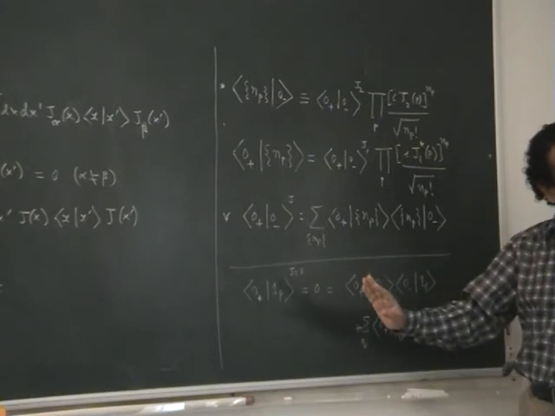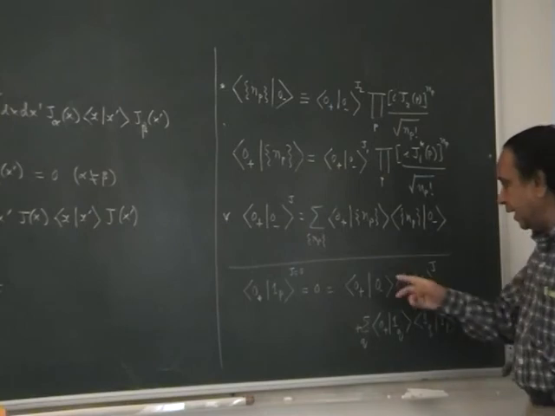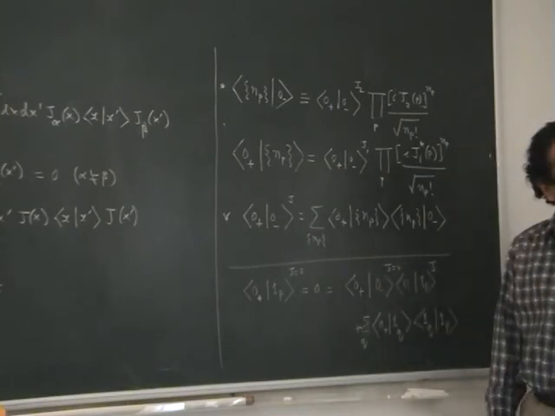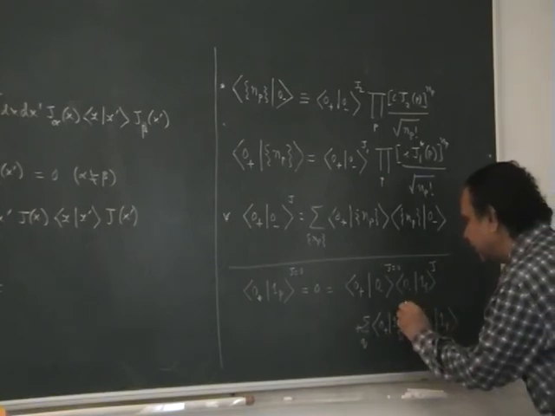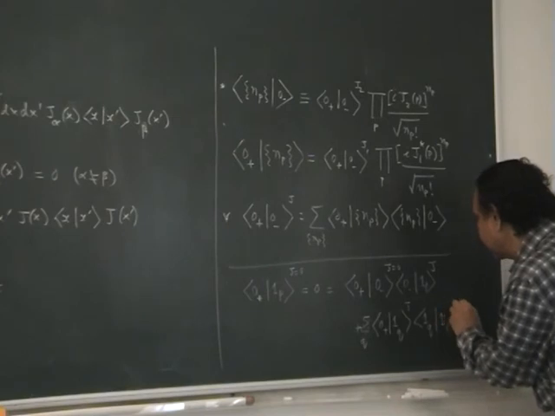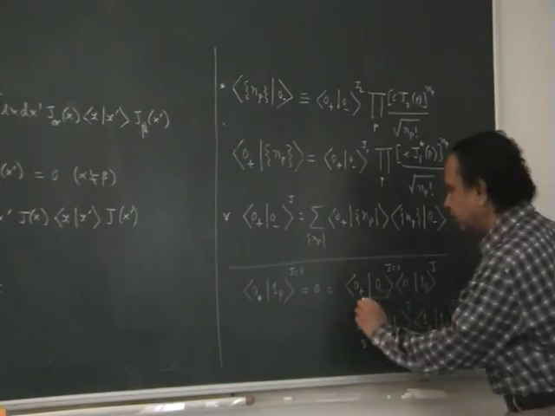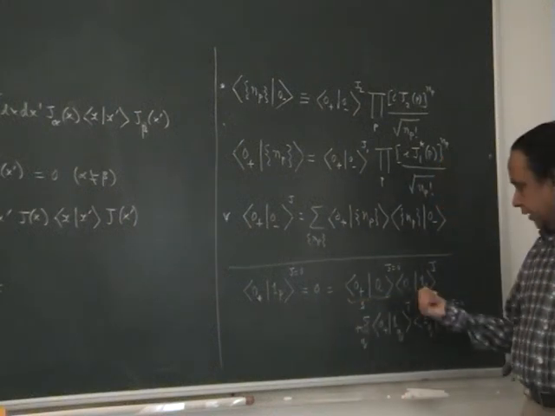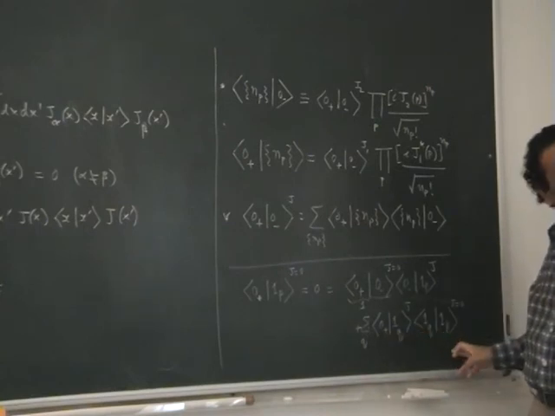Therefore, this term will not contribute unless I keep a J here. Then I have to keep J equal to 0 here. Similarly, this is not going to contribute in the absence of J, so I have to have a J here. Therefore, I have to put J equal to 0 here. This quantity is 1. This quantity is what we have defined as something. Then this quantity is delta PQ.